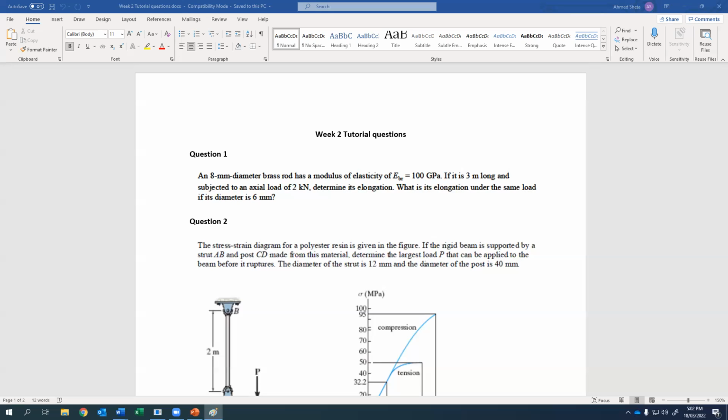Two questions for the quiz, and both questions are from the lecture notes or the tutorial. Just try to practice as much as you can, so it will be easier. No problem with the quiz. It is easy. It is just to make you keep up to date.